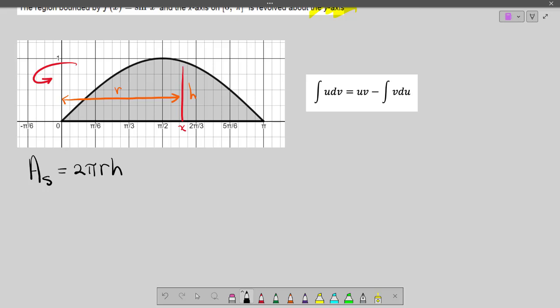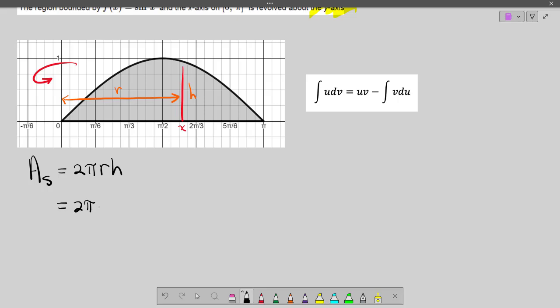So that means we're integrating with respect to x, which means the r and the h need to turn into x's. So what is the r going to be replaced with? x. Make sense? That's what x represents.